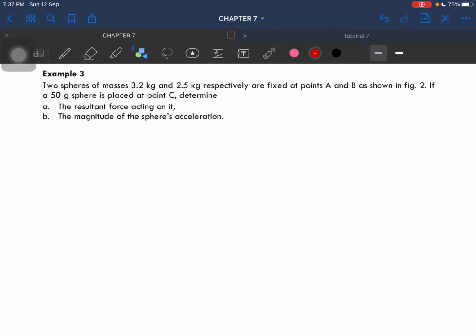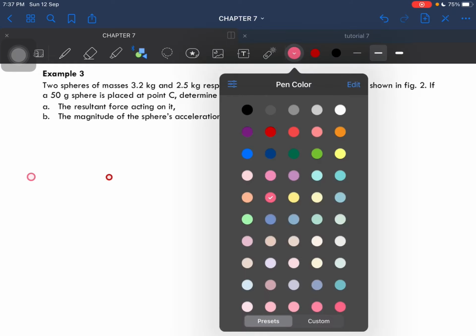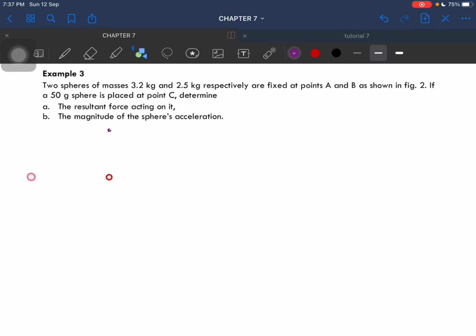Okay, so first let me draw the diagram. Then there's point C here. Okay, so there's a line like this.